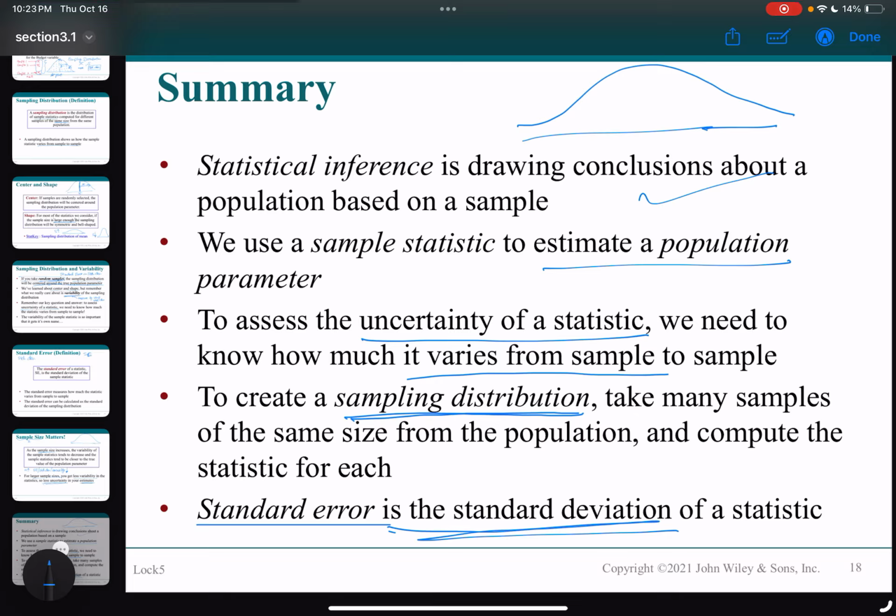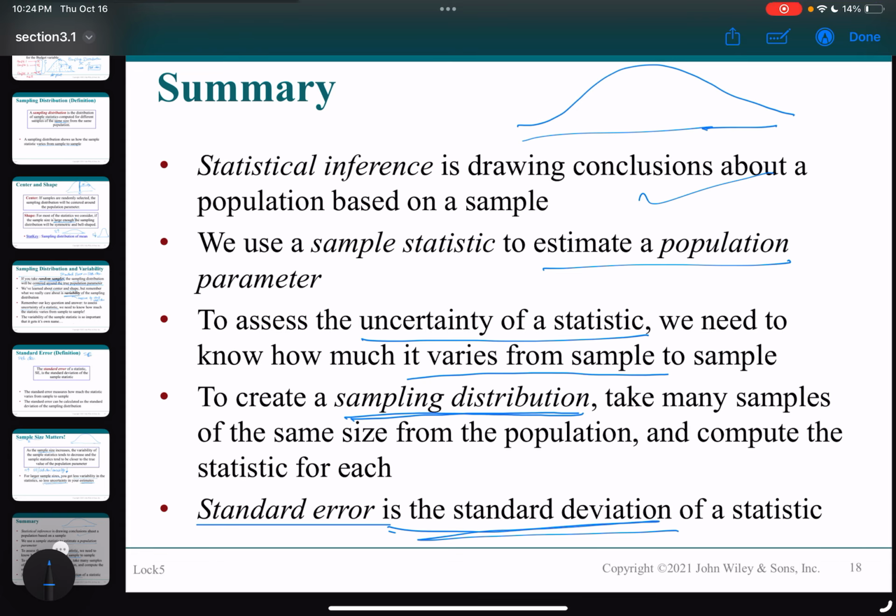This standard error can measure how these statistics deviate from their original values from sample to sample.